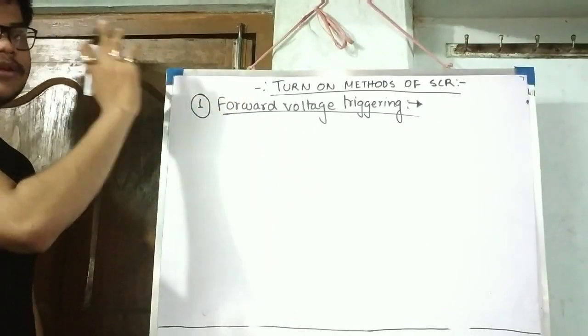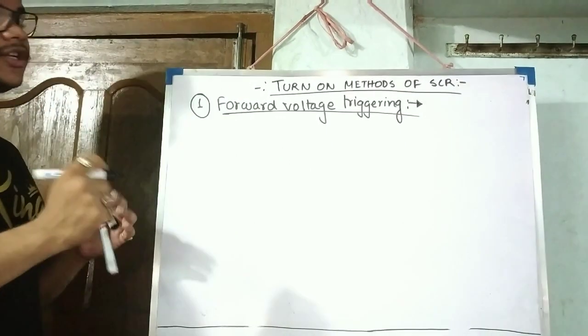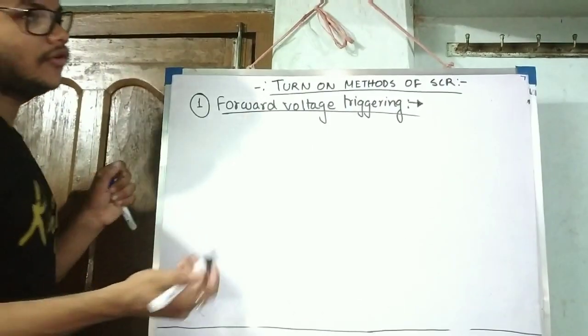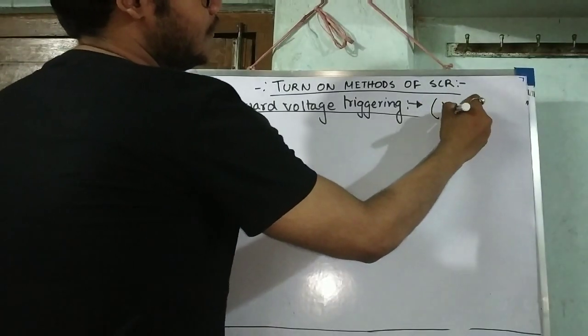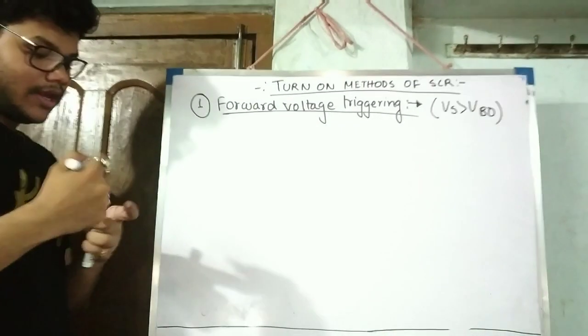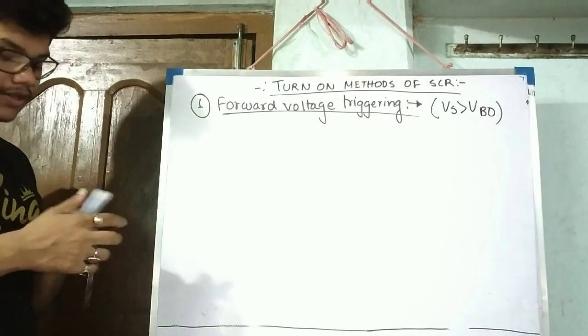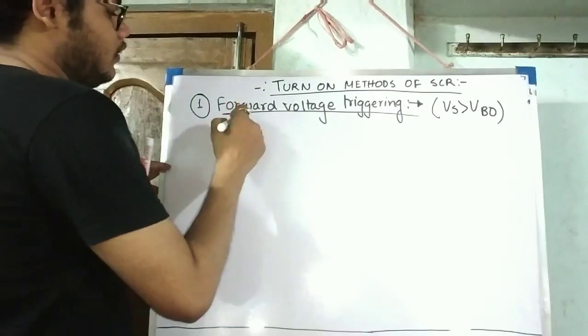Whenever you apply a source voltage more than the forward breakover voltage, that is, when your Vs is more than VBO, the J2 junction is broken down and you have the thyristor in conduction mode. But that method is not recommended.